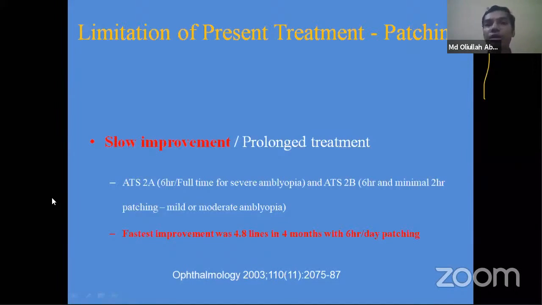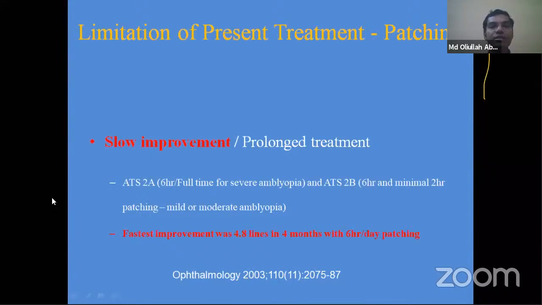Probably you have seen a child doing patching therapy for 3 years, 4 years. Every 6 months there is probably half a line or 1 line improvement on the logMAR visual acuity chart. If it is nil, then you may not see an improvement in the early treatment phase, because from 6/60 to 6/48 you have a large gap.